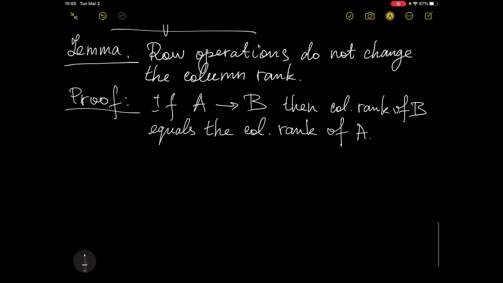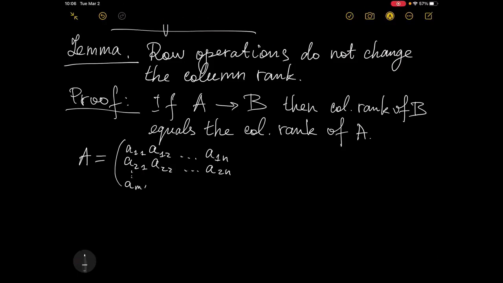Okay, we will understand it in the following way. Let us consider A, which is a11, a12, and so on till a1n, a21, a22, a2n, am1, am2, amn. So an m by n matrix, right?